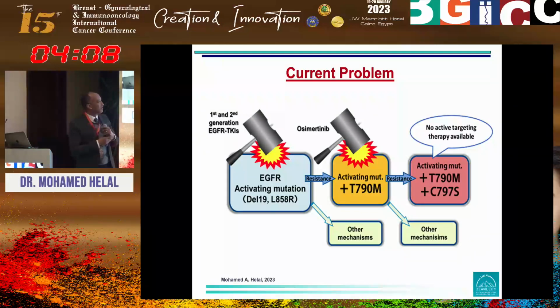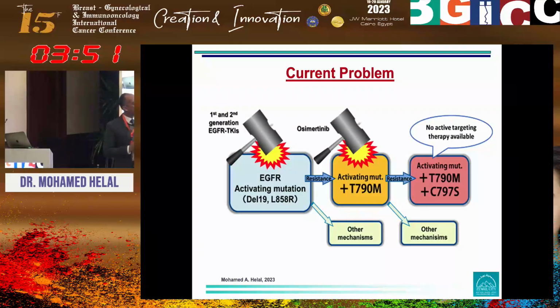Now the current problem, or the gap in science, is that we have first and second generation inhibitors for activating mutations, deletion 19 and L858R. And for patients who have the T790M mutation, we can treat them using osimertinib. This is some kind of precision medicine.